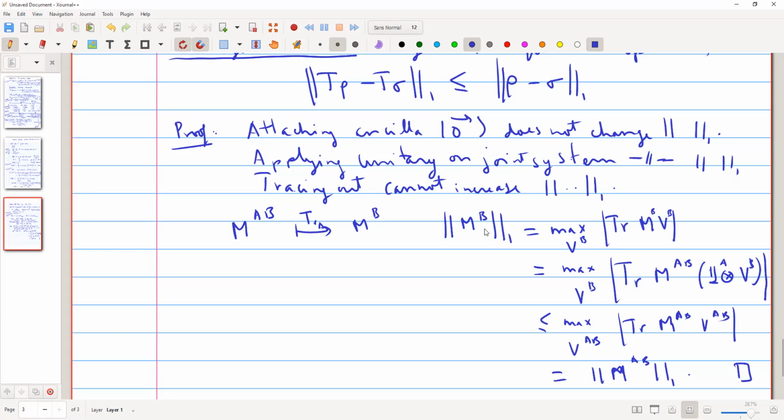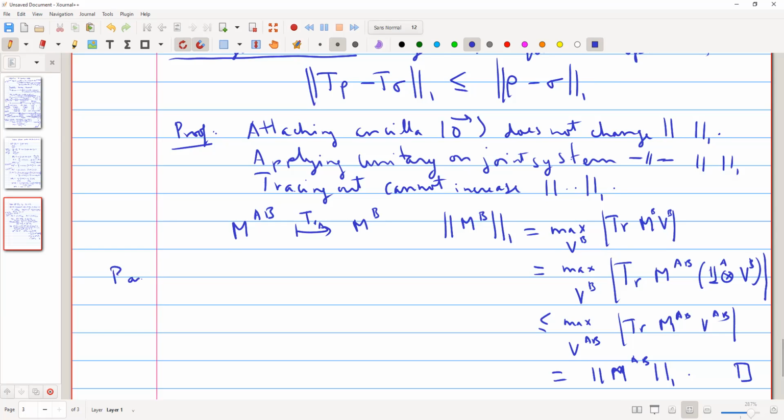Let us look at the one norm of the matrix M on the system B. By the alternate characterization, it is the max over unitaries V on the system B of the trace of M B V. And now this is the thing. This is again a property of the partial trace, which you can check by writing in terms of basis vectors. But if you want to abstractly characterize the partial trace, this is one way to do it.